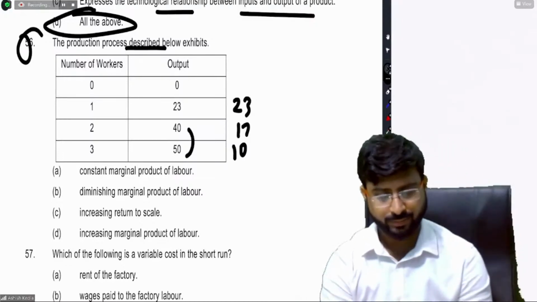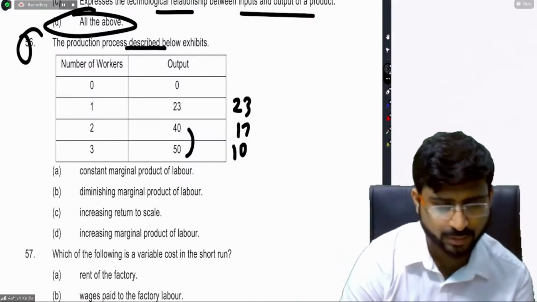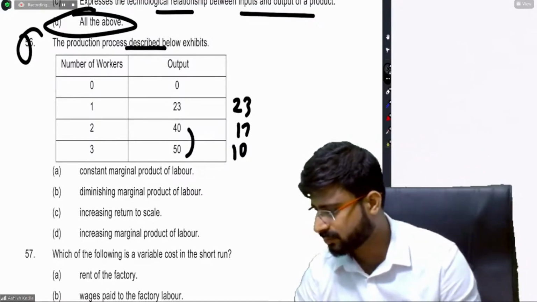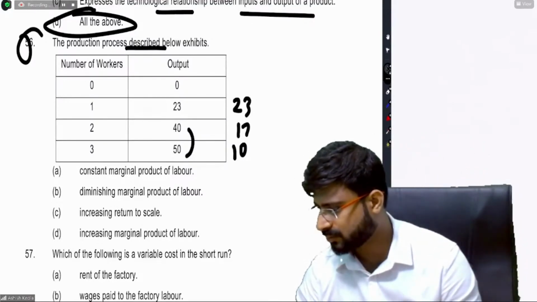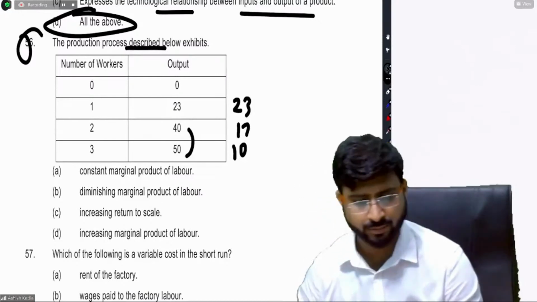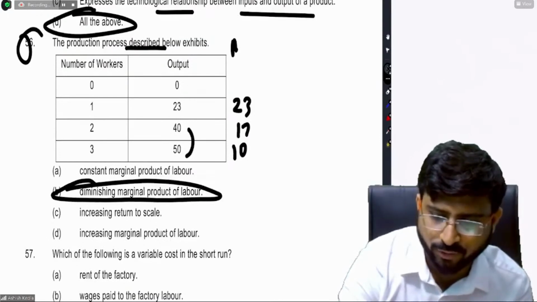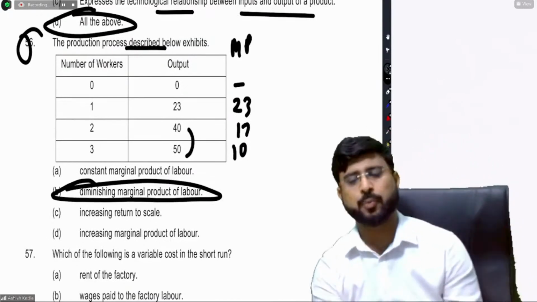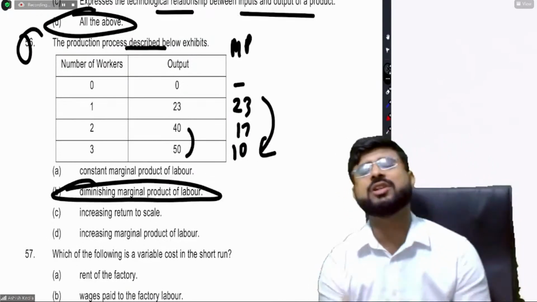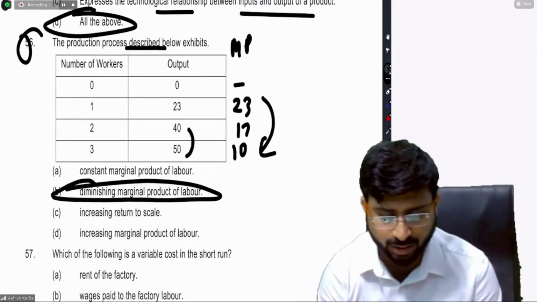Very good. Diminishing MP. Correct. Because what we found out just now was marginal product and it is rather declining. So it is diminishing MP. What is wrong here? It's correct.